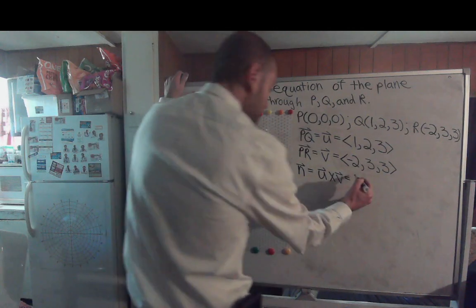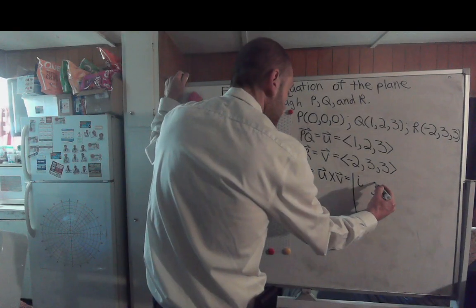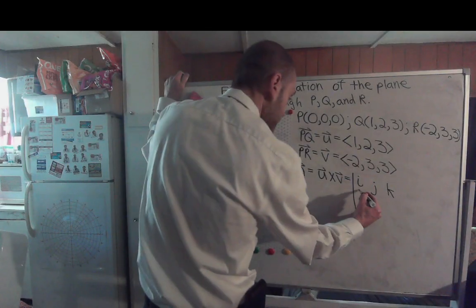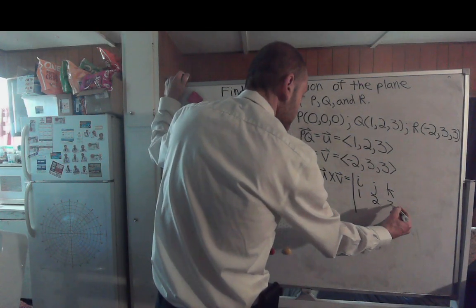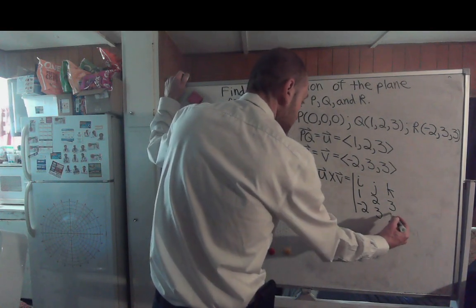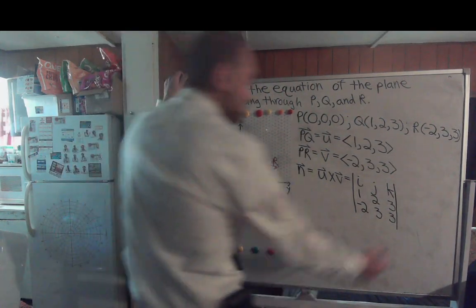which, taking the cross product, will have i, j, k, and then the components of vector u would be 1, 2, 3. Vector v would be -2, 3, 3. Now we just have to set up 3 2x2 determinants.